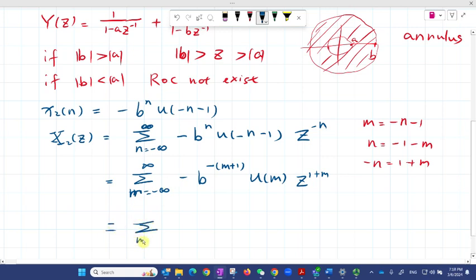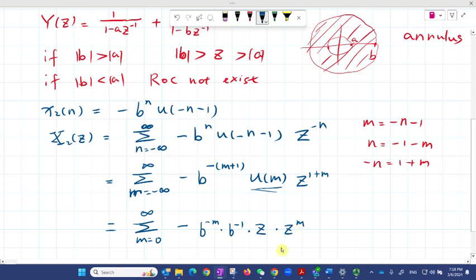We can make the sum start from 0, and we break this apart: negative b to the negative m multiplied by b to the negative 1, and then z multiplied by z to the order of m.